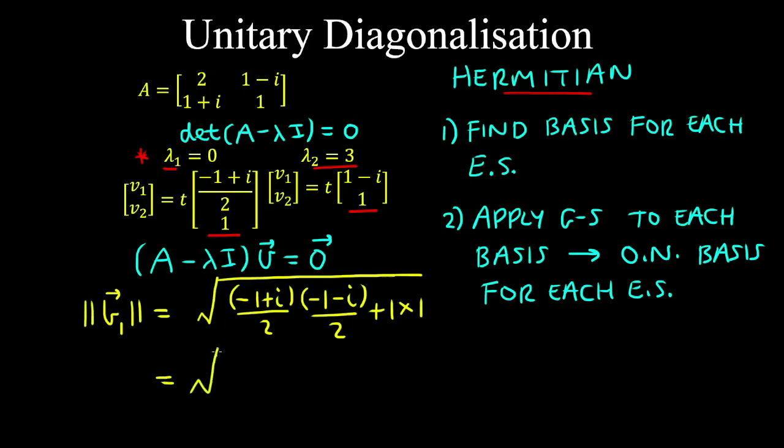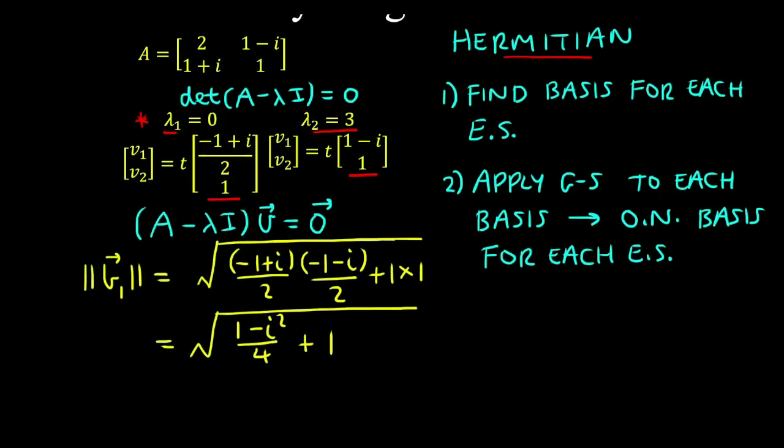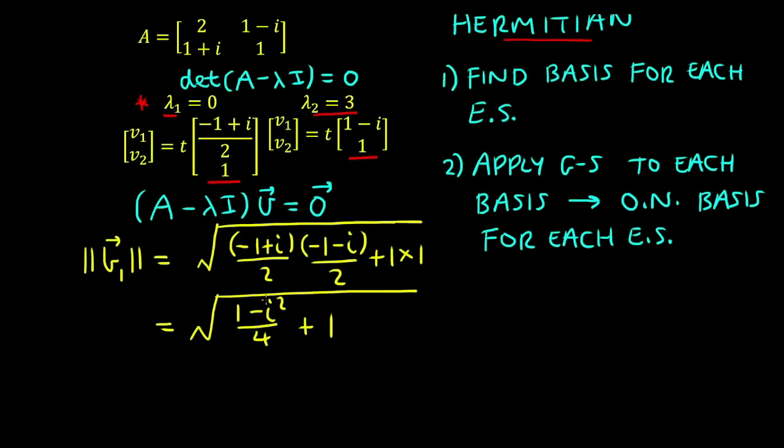And that's equal to the square root of 1 plus i minus i squared on 4, plus 1. So that gives 2 on 4 plus 4 on 4, which is root 6 on 4, or root 6 on 2.